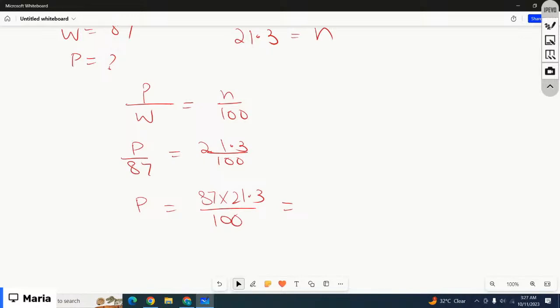Let's just do the calculations. That is 18.53.